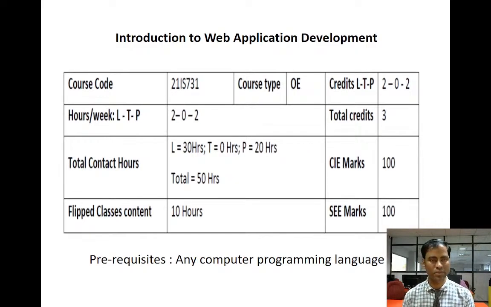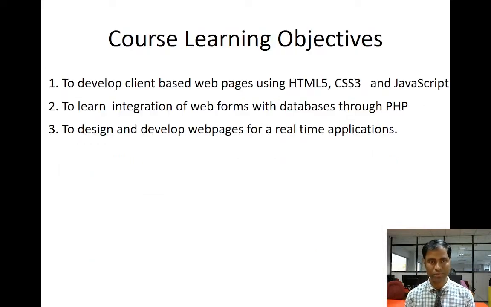Giving the details of this course, the course type is open elective and the credits are 3, and lecture, tutorial and practical goes as 2 hours of lecture and 2 hours of practical every week, and it has a CIE marks of 100 and SEE marks of 100.